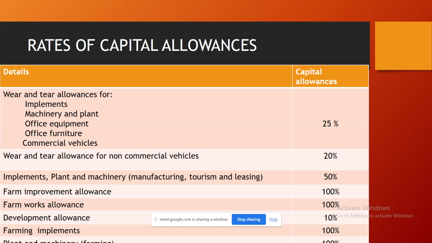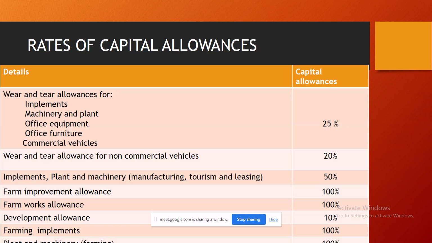Now, generally, the rates for capital allowances given as wear and tear allowance for implements, plant and machinery is at 25% generally. We have also got to get used to wear and tear allowance for non-commercial vehicles, which is 20%.